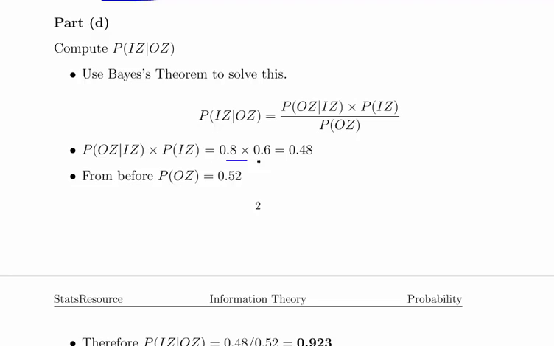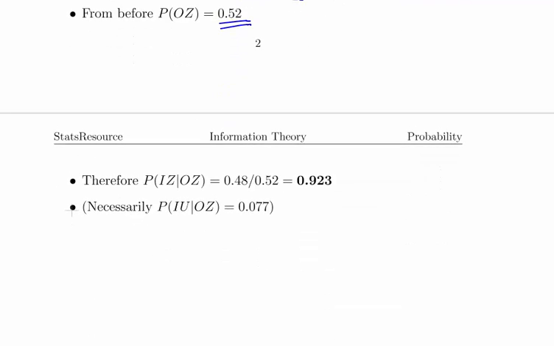So the top part of the expression is 0.8 times 0.6, and again, that's just what we were told in the question at the start. We know that the probability of OZ, or output being 0, is 0.52. So essentially we end up with 0.48 divided by 0.52, which is 0.923.